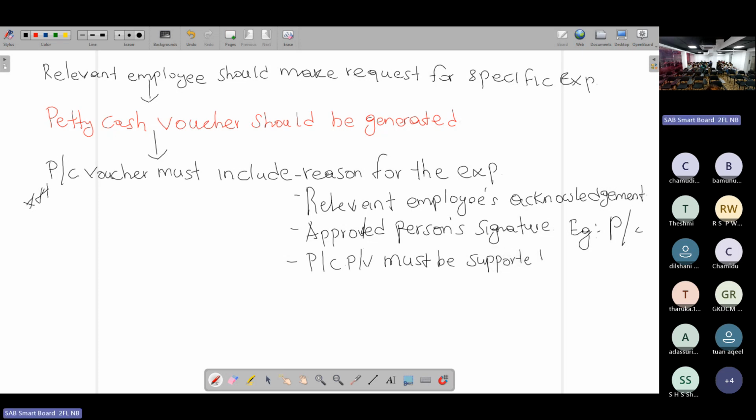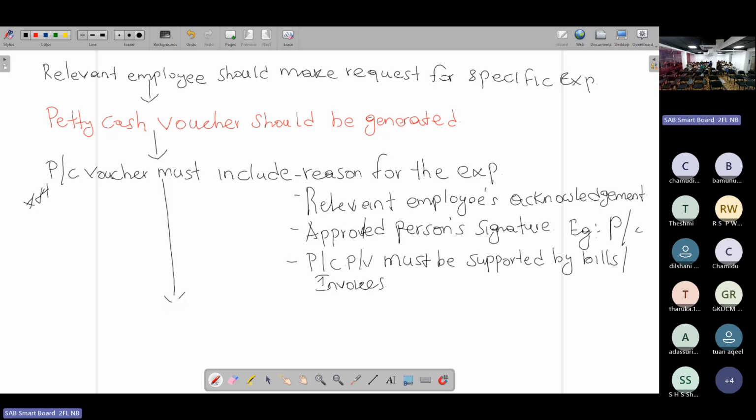Petty cash payment vouchers must be supported by bills or invoices or receipts.